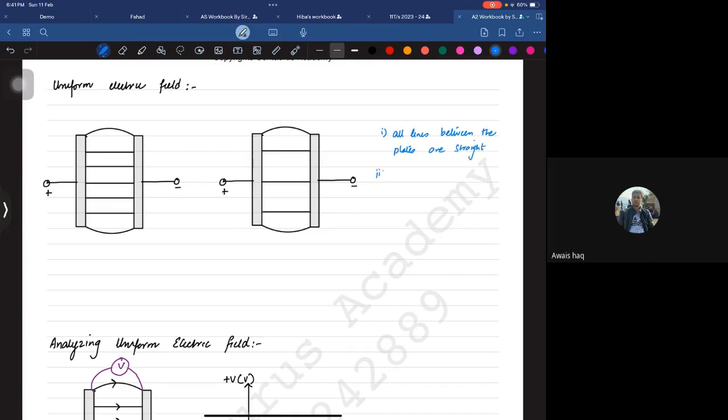Number two, they are all equally placed. Sorry, in fact, let's write equally spaced.